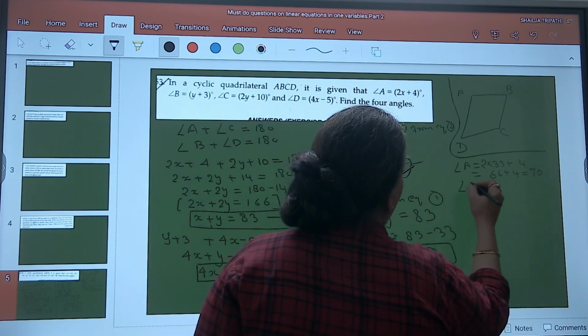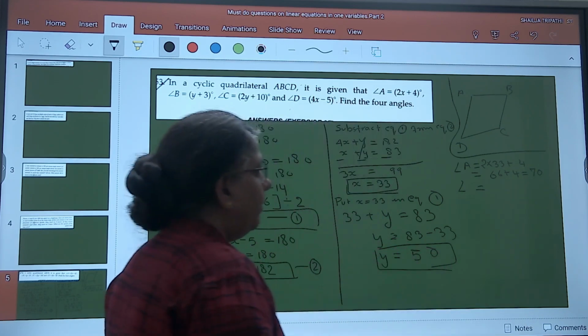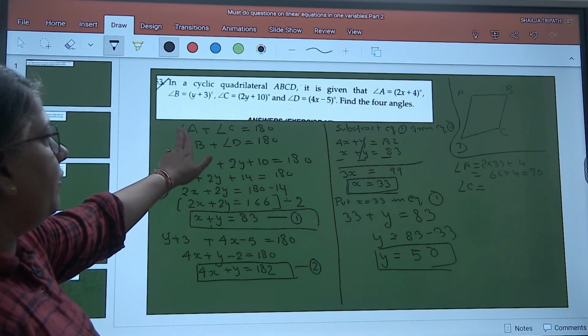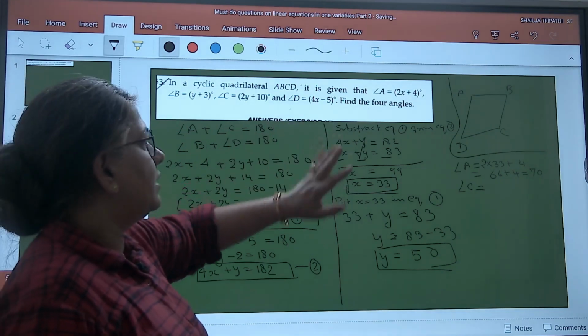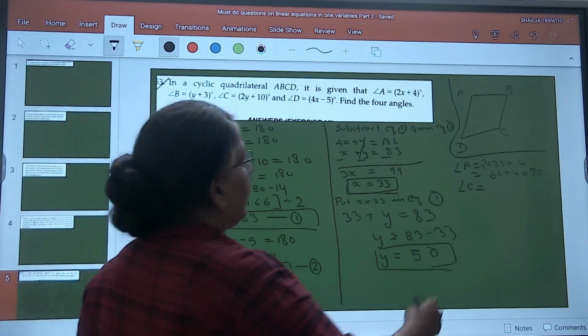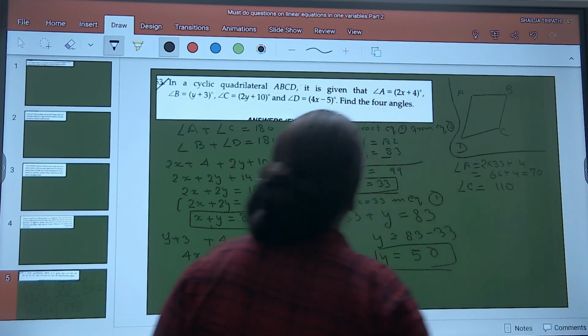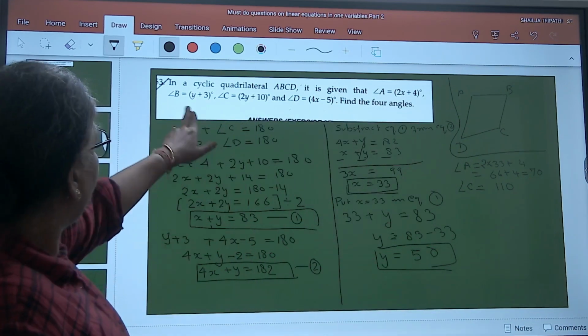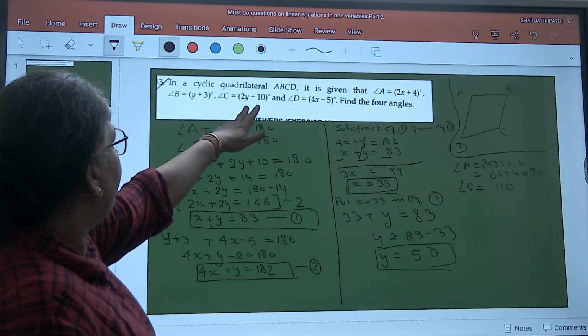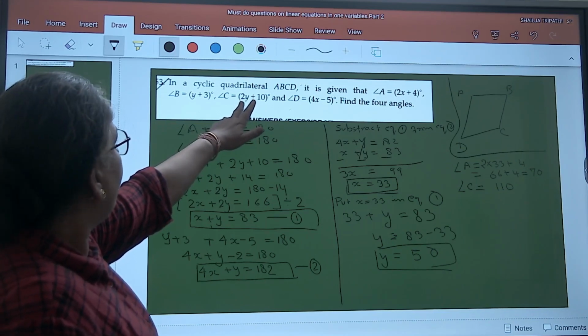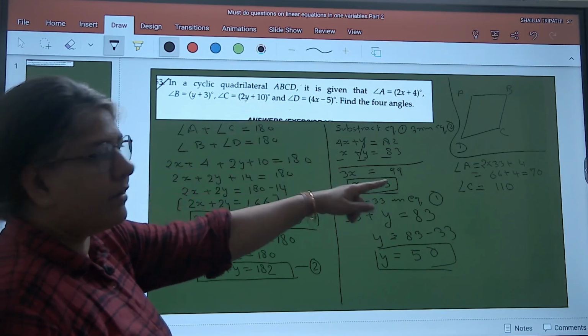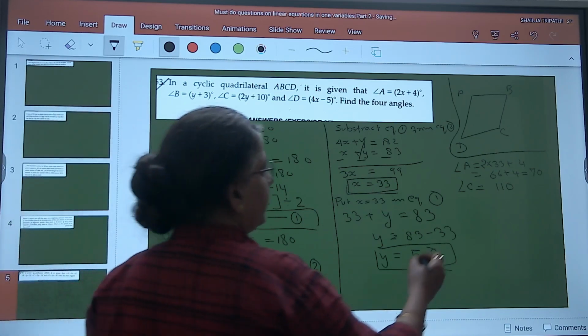So if A is 70, angle C is 110. Now you can also check back by putting the value of y here. You get 100 plus 10, that is 110. So our answer is correct.